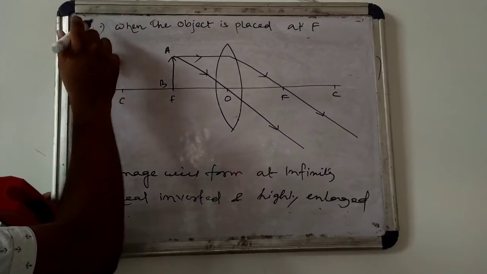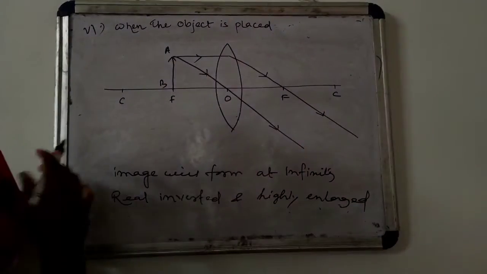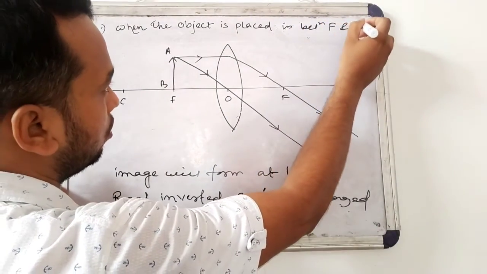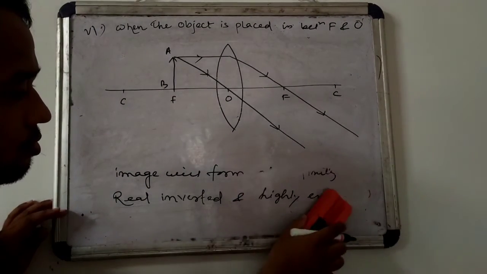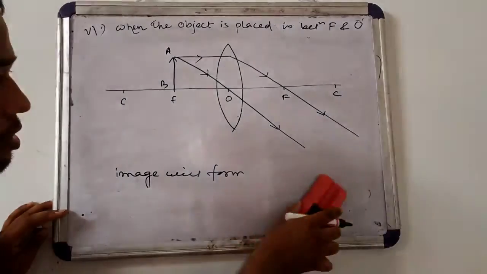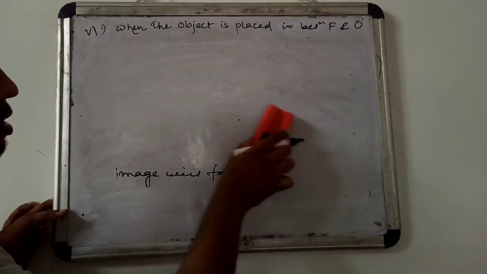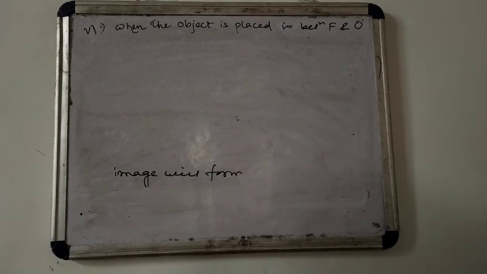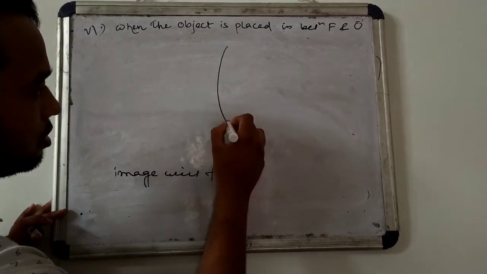Okay, next condition 6. Now we are going to put the object in between focus and optical center, F and O. So this is a special case in case of convex lens, where we are going to get a virtual image.